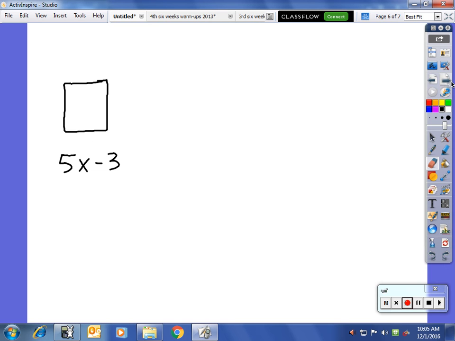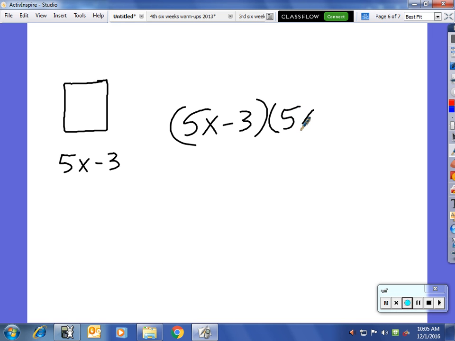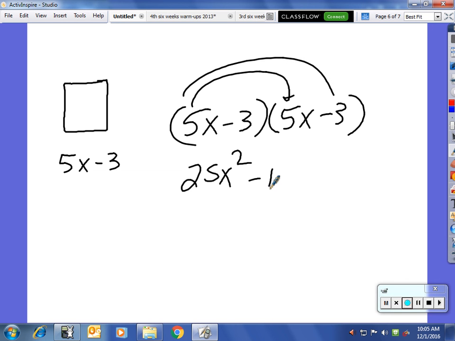All right. The next questions, 5 and 6, were about the square, area and perimeter of the square. Jason, number 5. Area is side times side. So 5x minus 3 times 5x minus 3. That's 25x squared minus 15x, and then you get another minus 15x, and then you get a plus 9 on the end.